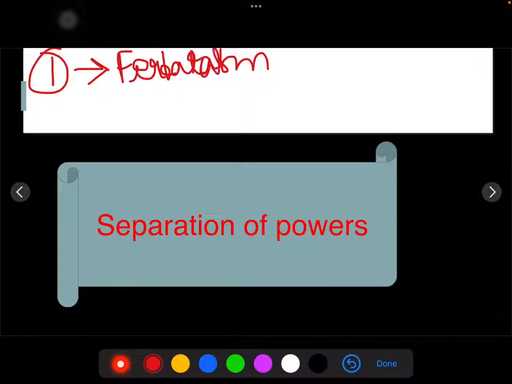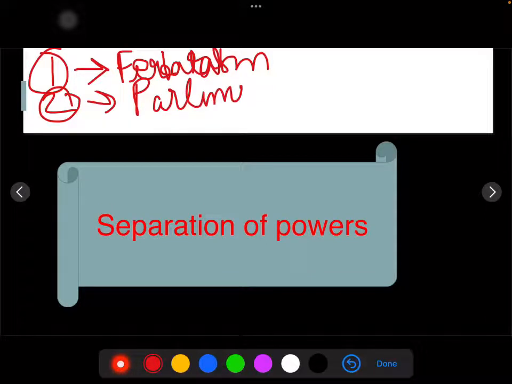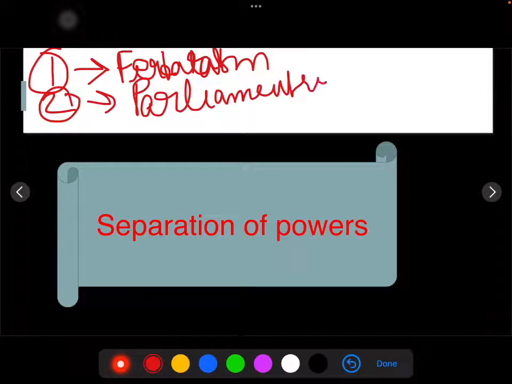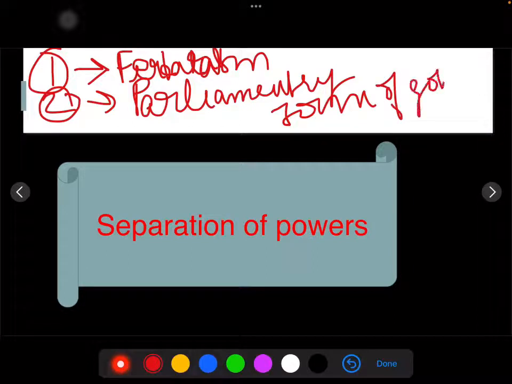The second thing we saw was the parliamentary form of government. Parliamentary form of government is nothing but universal suffrage. The right to vote is given to all citizens. Separation of powers. Let's see.